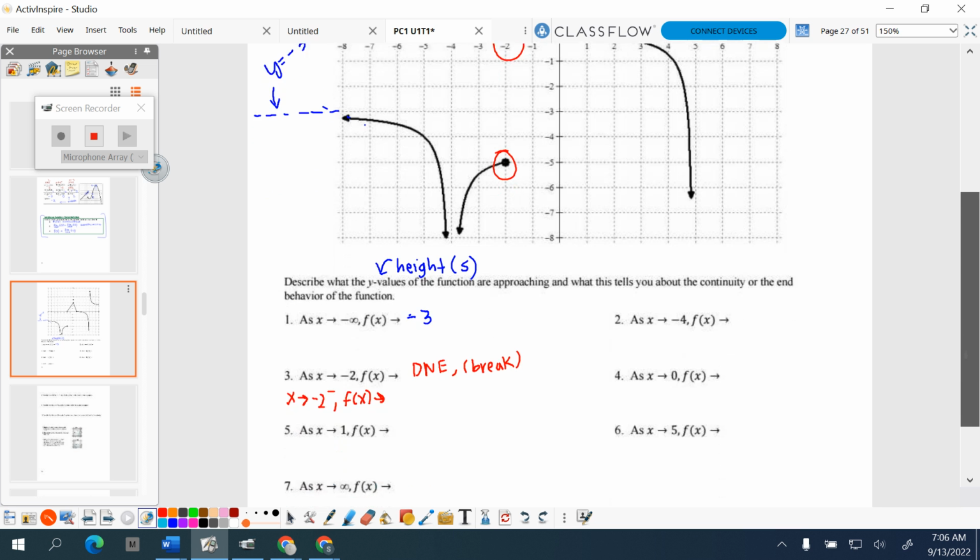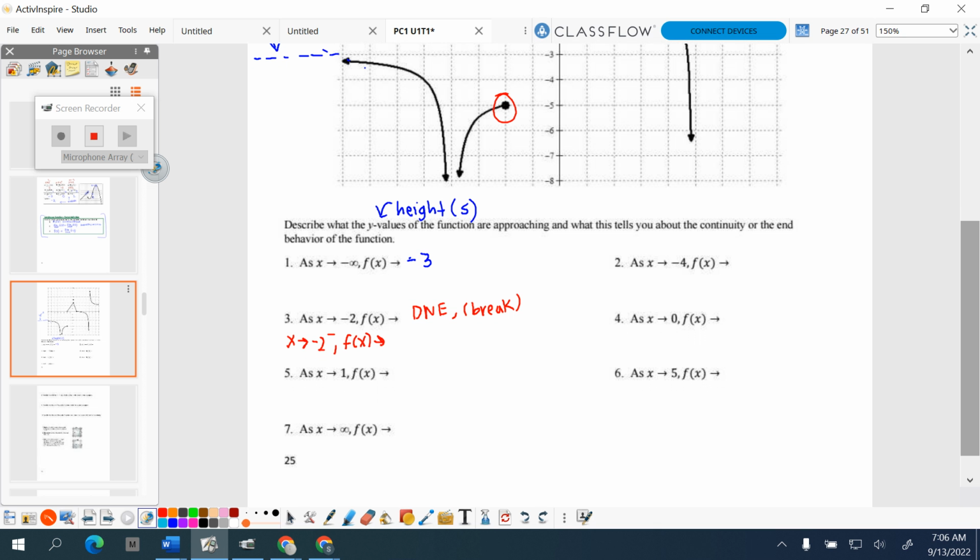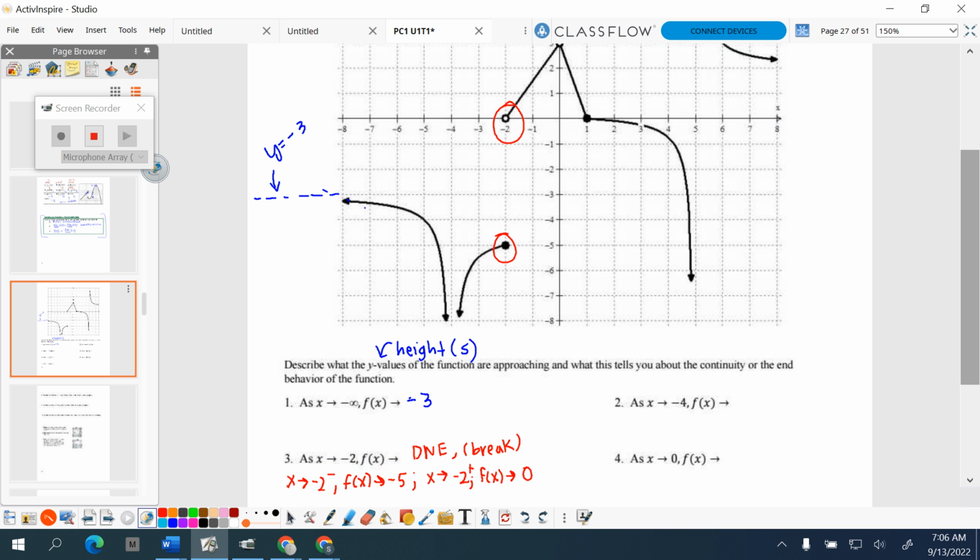So we're going to write that out. From the right, and I just want to make that distinction for you because it might come up. It says as x approaches 1, f of x approaches, and it's defined, 0.